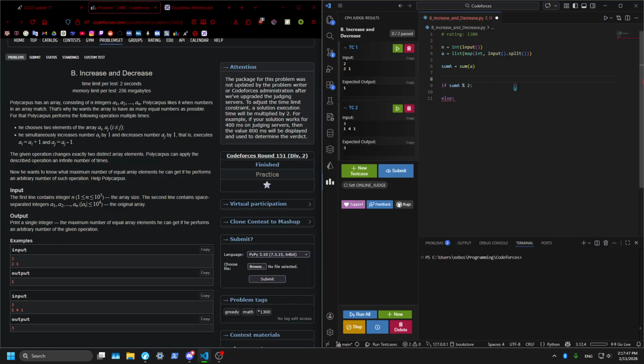So if sum A is odd, we can do subtract elements equals 0.